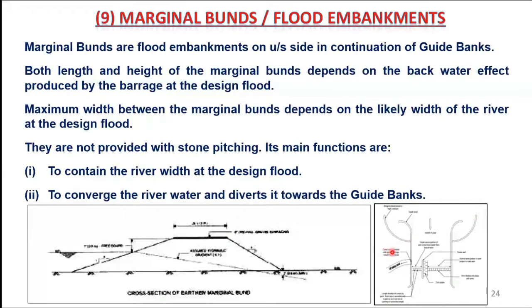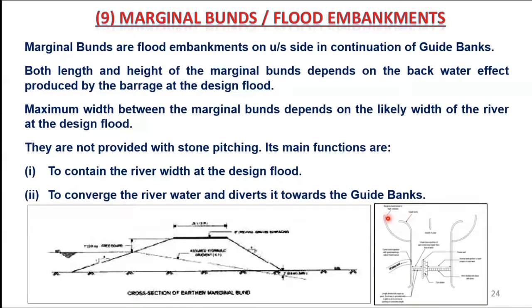So it means the length of the marginal bunds depends on the length of the M1 profile. The gap between the marginal bunds depends on the width of the river on the design flood.